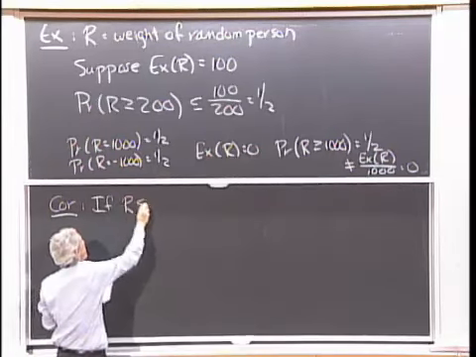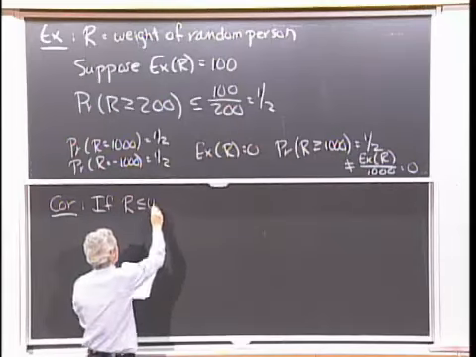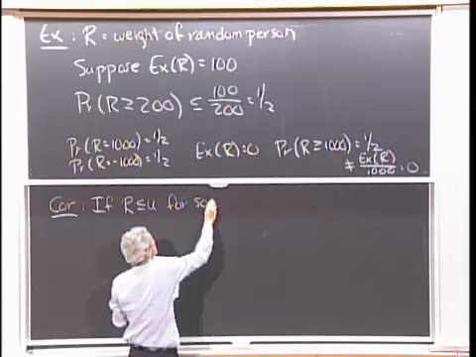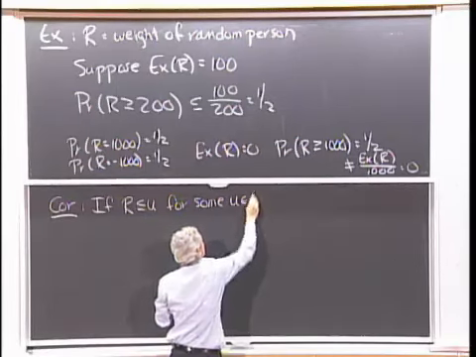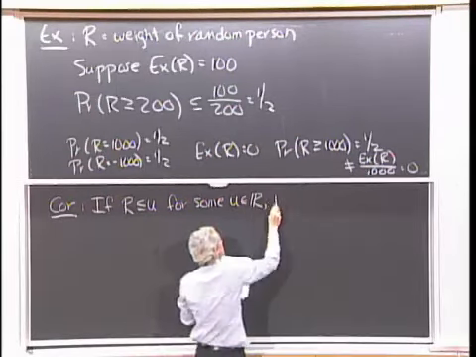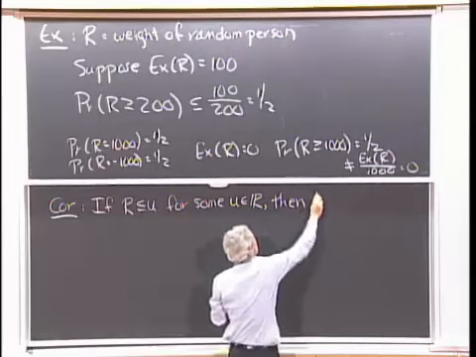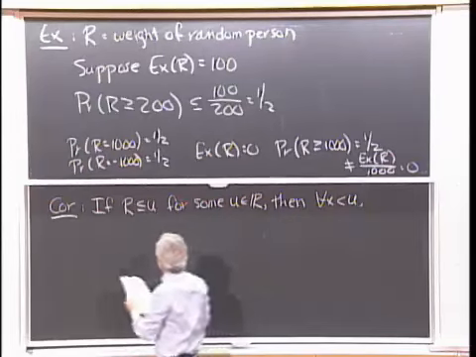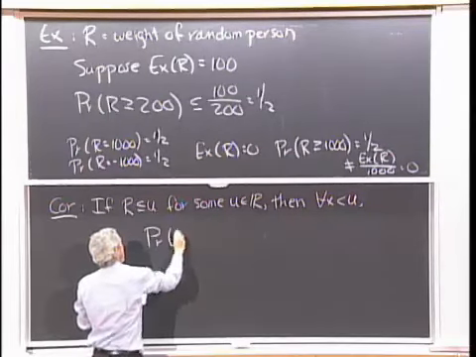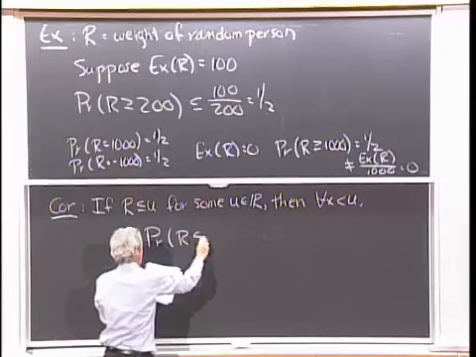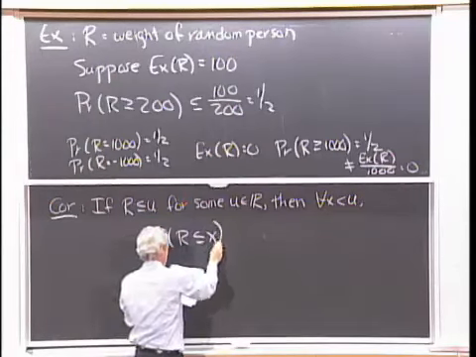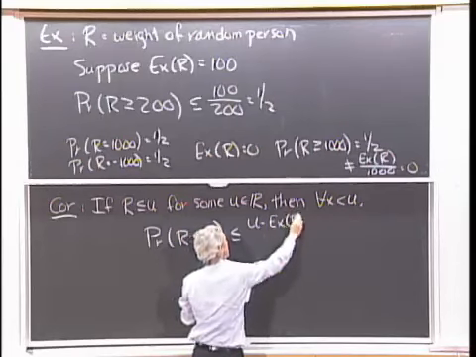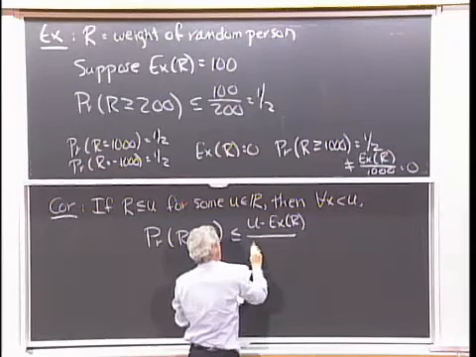If r has a hard upper bound u, for some u in the real numbers, then for all x less than u, the probability that r is less than or equal to x is at most u minus the expected value of r over u minus x.